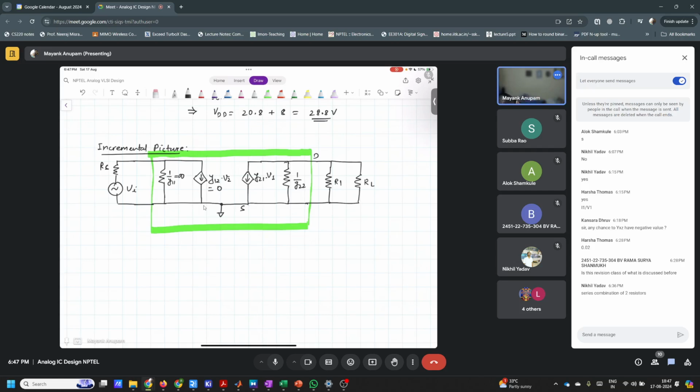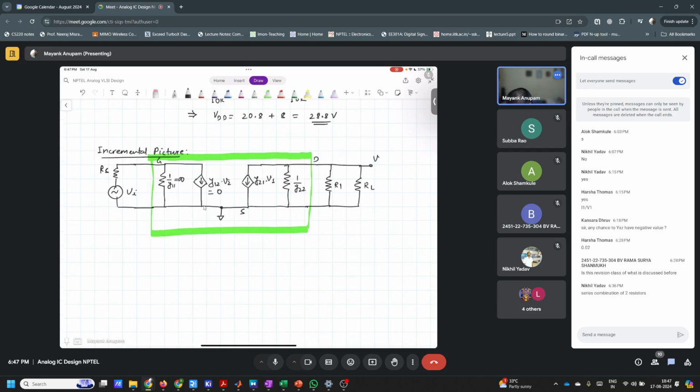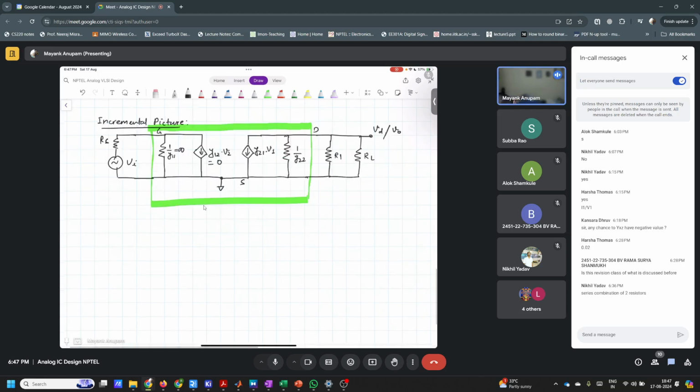This is source. This is gate. GDS. So this node voltage here is small VD or VO, whatever you want to say. This is VG, small VG.